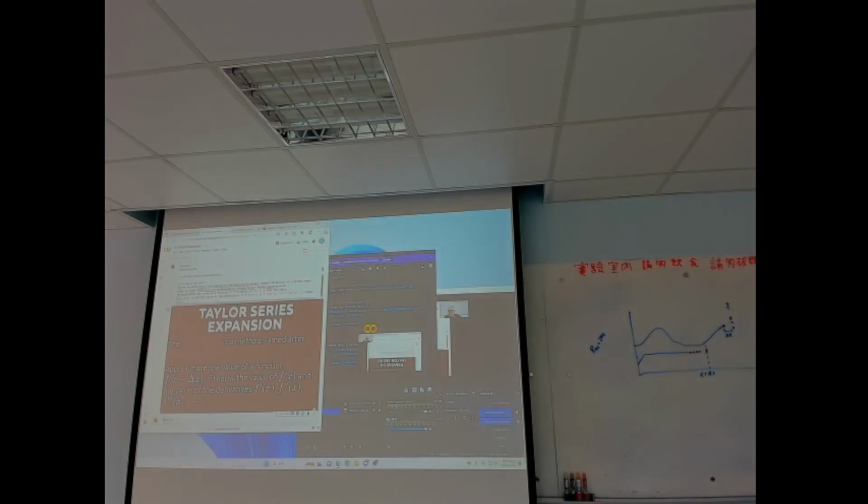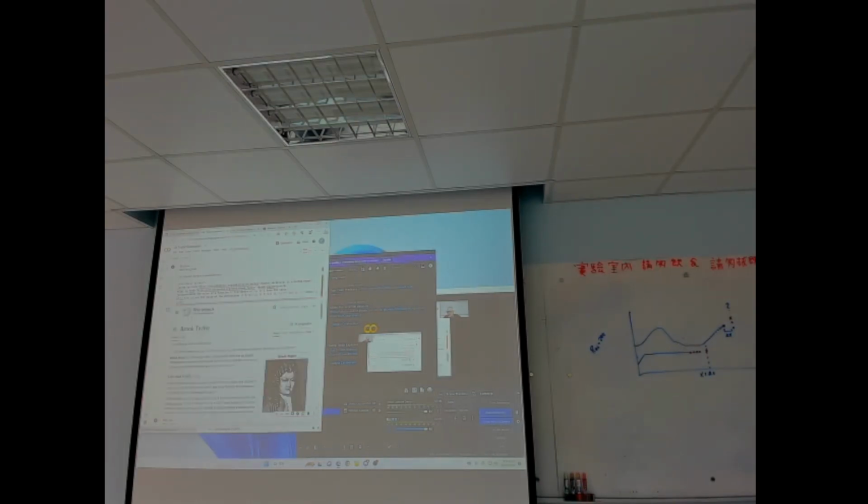So the Taylor series is a method, an algorithm for calculating the unknown value of a function at x plus delta x when we know the value of the function at f of x, plus we know the value of all the derivatives. It was developed by Brook Taylor, 1685 to 1731.